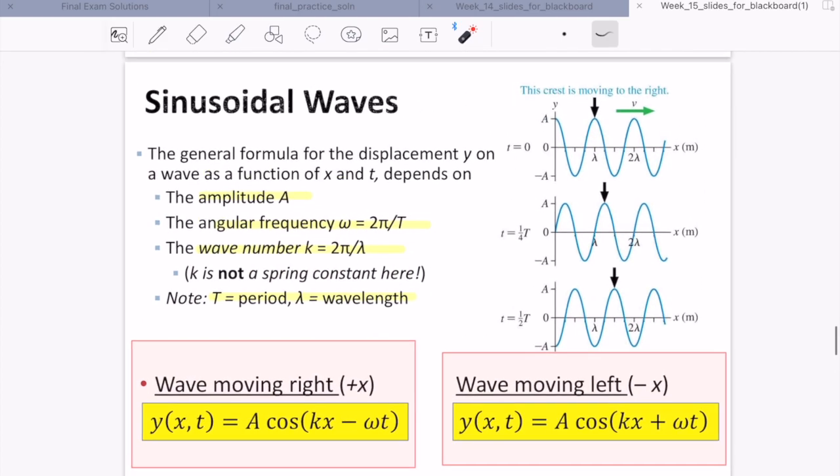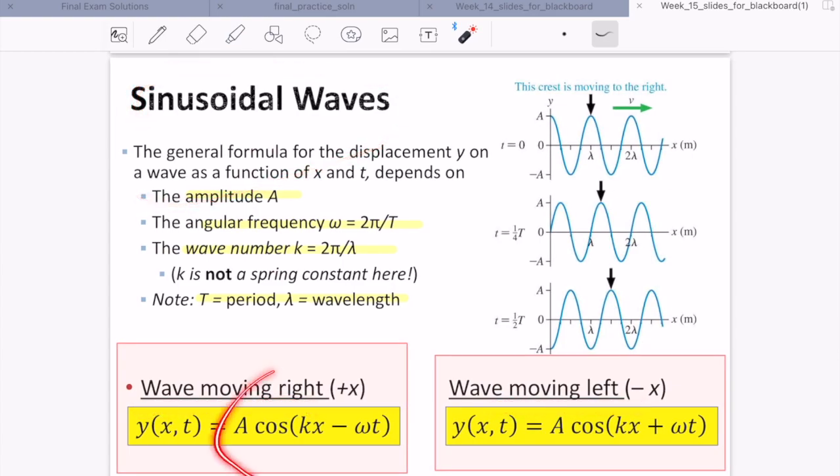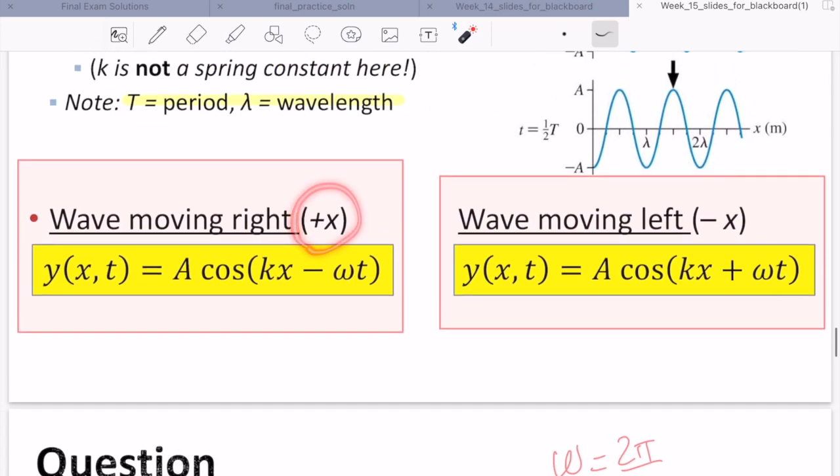Now, there are two equations for sinusoidal waves, whether your wave is moving to the right or moving to the left. These will probably just be found on your equation sheet. If the wave is moving to the right, positive x, then your equation is A, your amplitude, times cosine of your wave number times your distance to the right, minus your angular frequency times time.